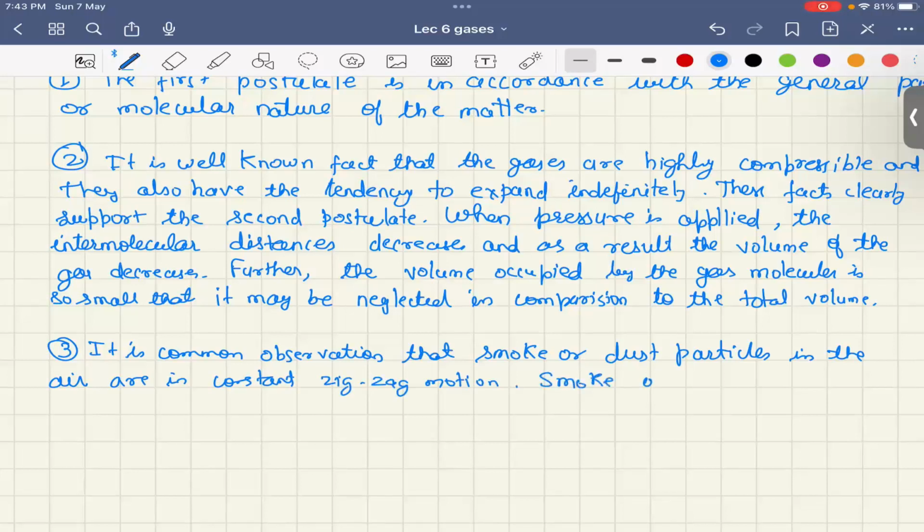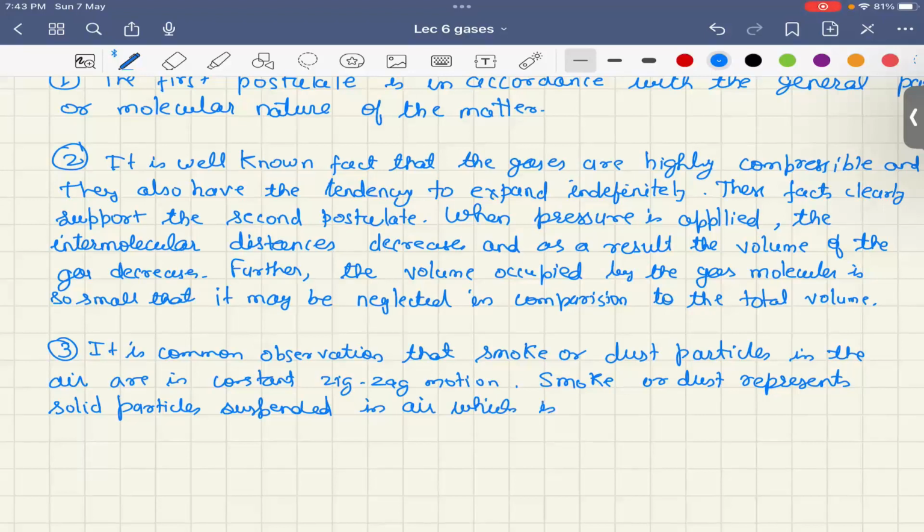Smoke or dust represents solid particles suspended in air, which is a mixture of different gases, right?